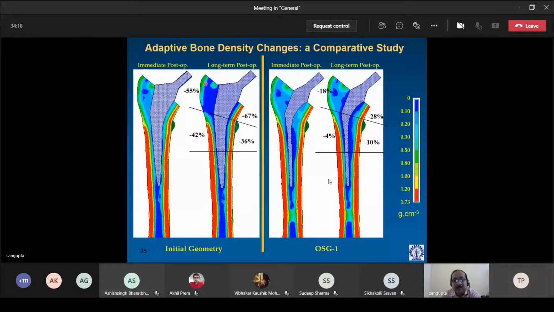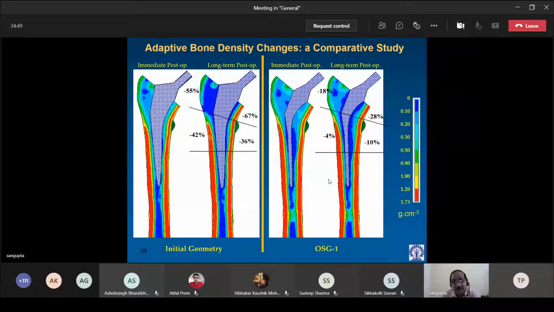Now for the Trilok hip stem, on the proximal side, we have very high bone resorption, indicated by minus 55% bone resorption. This is the medial side, this is the lateral side. So on the lateral side we have minus 55% bone resorption, and minus 67% bone resorption on the proximal medial side of the reconstructed femur.